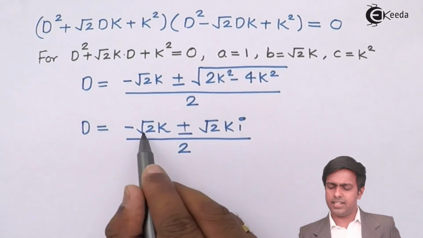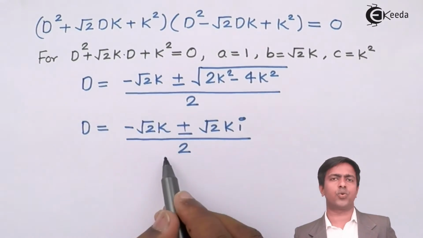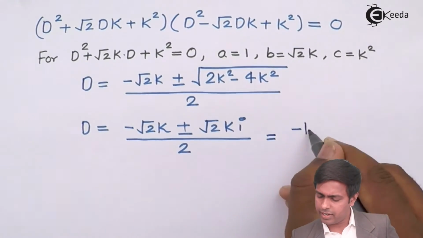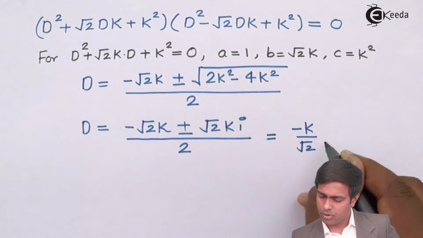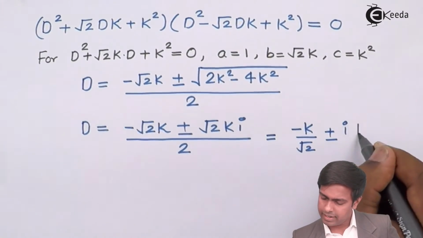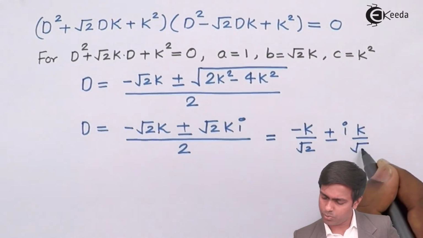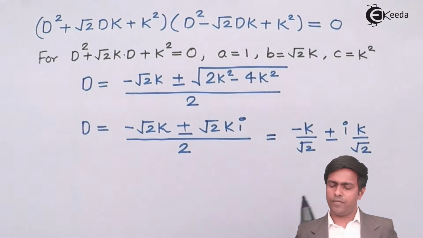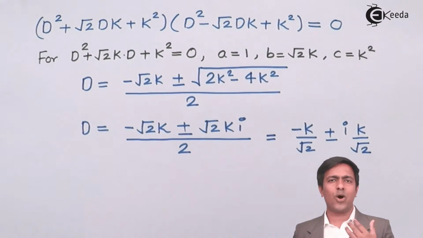So I can cancel this root 2 from the numerator with one root 2 of the denominator. And here we will get negative k upon root 2 plus or minus i k by root 2. And guys, this is the value of d. So here we got two roots and both are complex roots.